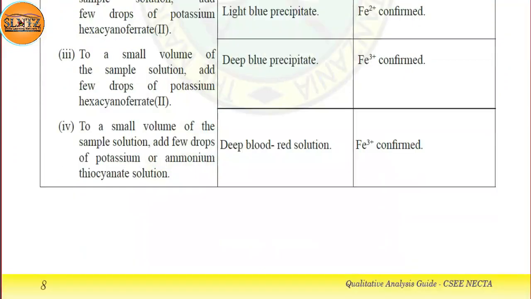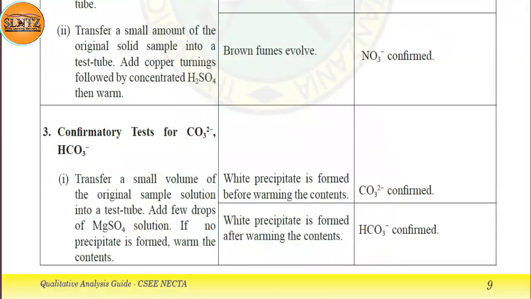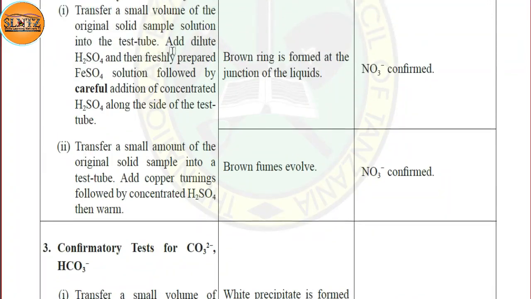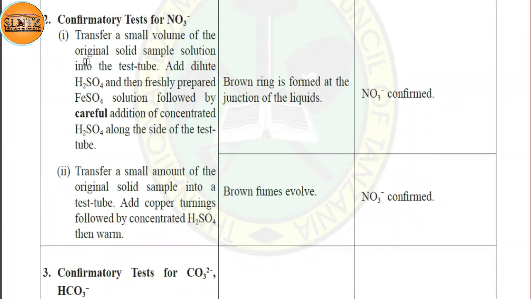Nitrate is an ion. We see nitrate is tested by two reagents. The first we have dilute sulfuric acid and ferrous sulfate and concentrated sulfuric acid. If you have these reagents, you test, and then at the end you get a brown ring at the junction.